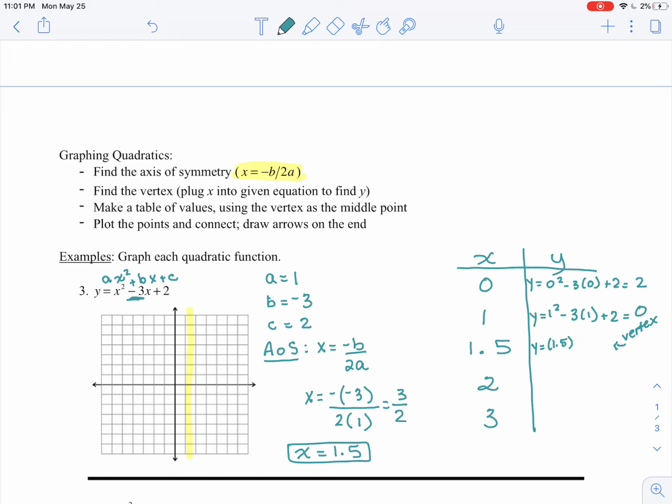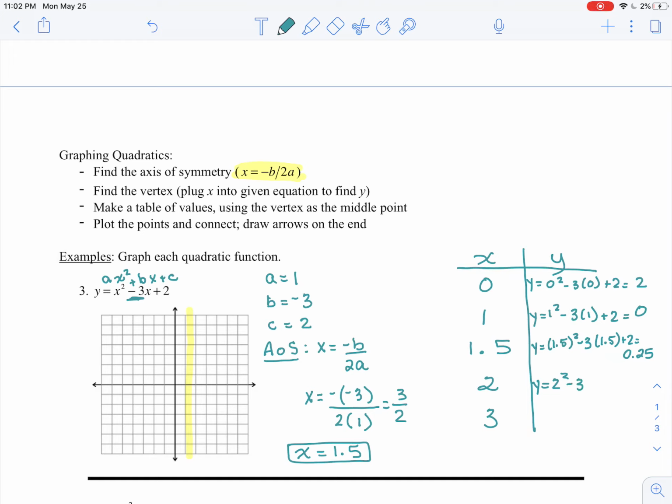Then I plug in 1.5, so y equals 1.5 squared minus 3 times 1.5 plus 2, and that is negative 1/4 or -0.25.